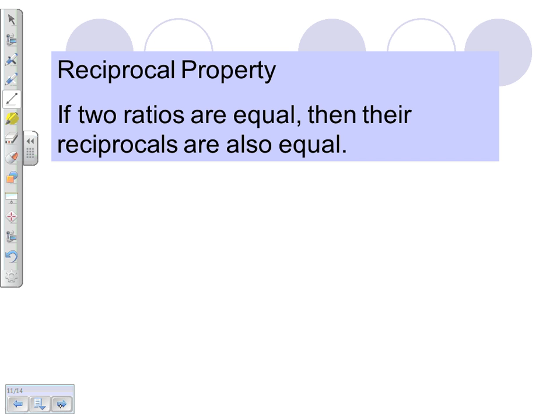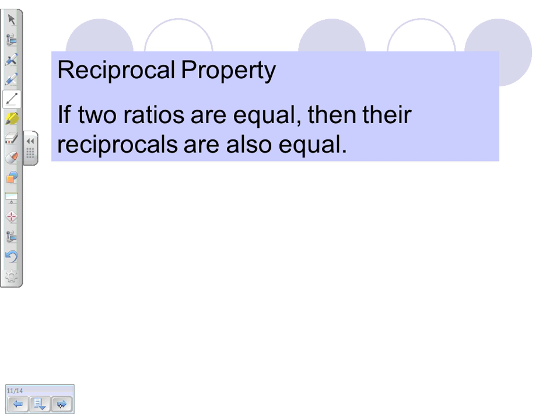What do you do when you write a reciprocal? You flip it over. So what this says is if you have a proportion, you can always flip them both over. There are cases where that's just going to make the work easier. It's probably not something you have to do, but it's an option.